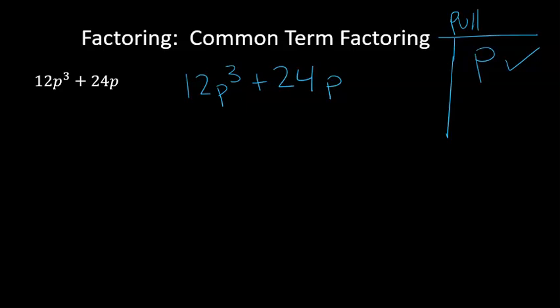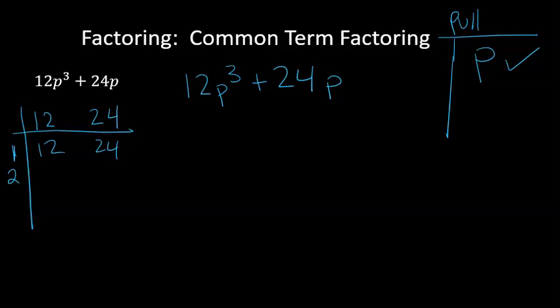So which number do I do? I have to make sure that whatever number I pull out, it can multiply against something else and give me an even 12 and give me an even 24. So if I pull out a 1, it just gives me 12 and 24. So there's no point of doing that.